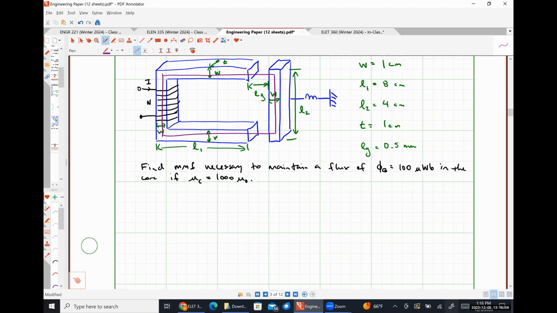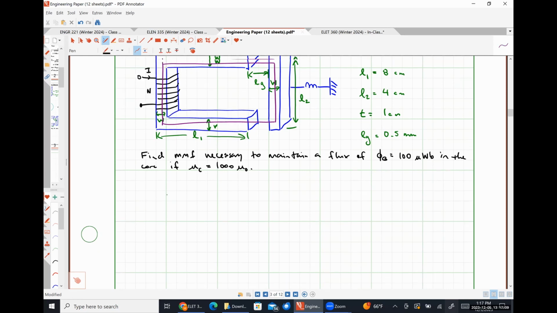This is the path representing the distance that our flux travels. So our magnetic circuit will look something like this. Here we have our left branch. Here we have our MMF.